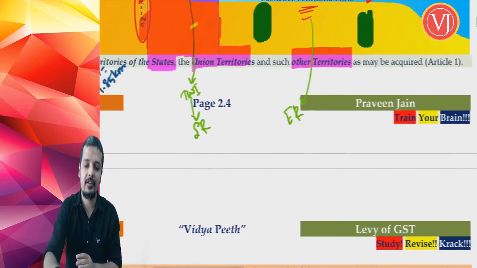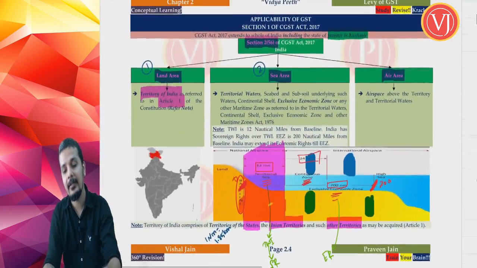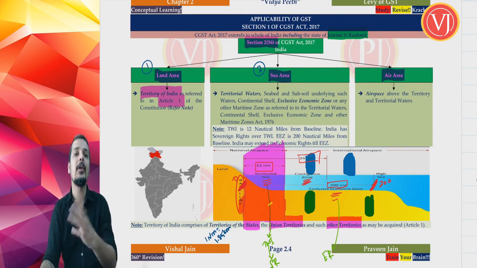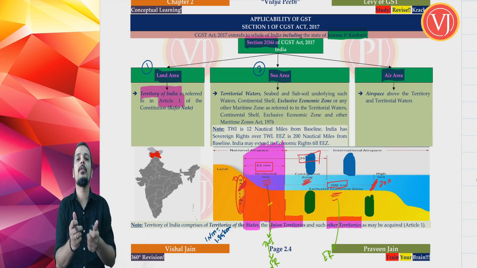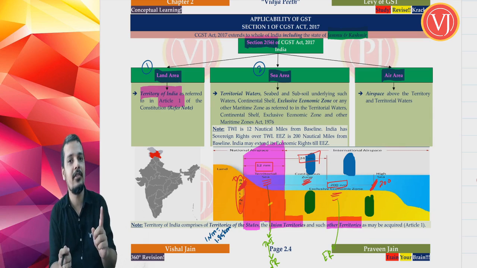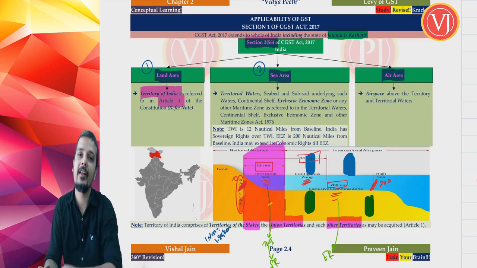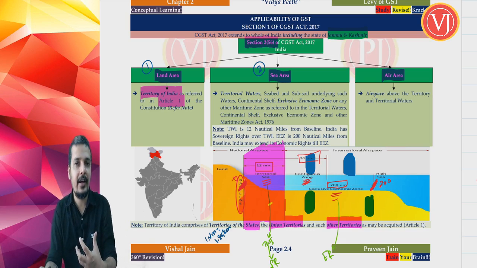Now coming back to the discussion of India, we are still discussing the definition of India. We started with section 1, applicability of GST, where it was said that GST is applicable throughout India, including the state of Jammu and Kashmir. Then we wanted to understand what India is. When you have doubts about certain terms in law, you have to refer to the definition section. India is defined under section 2, clause 56, which tells that India has a land area, the territory of India under article 1, and a sea area, where sovereign rights extend up to 12 nautical miles, but economic rights go up to 200 nautical miles.